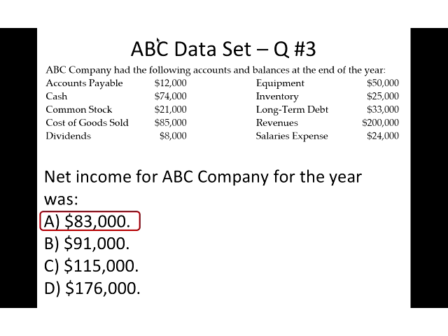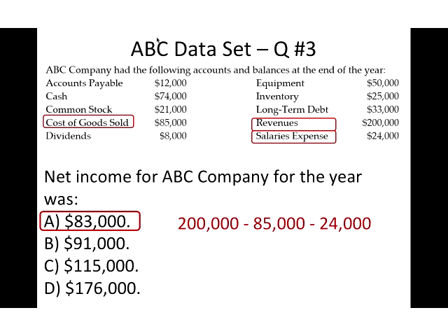To calculate net income, you're going to take your revenues and subtract your expenses. So the answer to this is A, 83,000. How you're going to get that, you're going to take your revenue, this $200,000 figure, and subtract cost of goods sold.